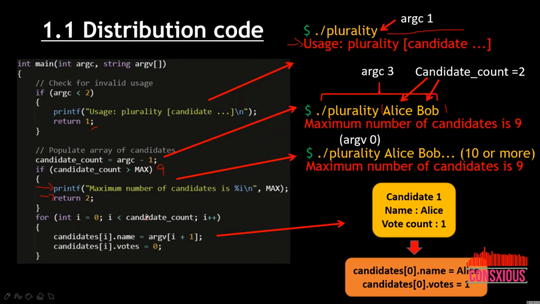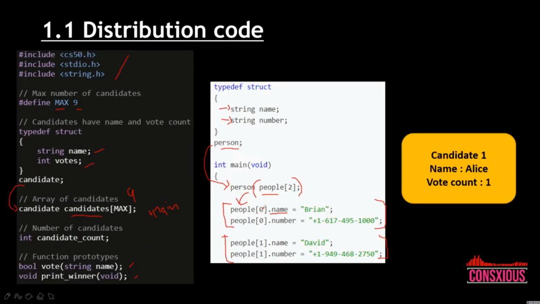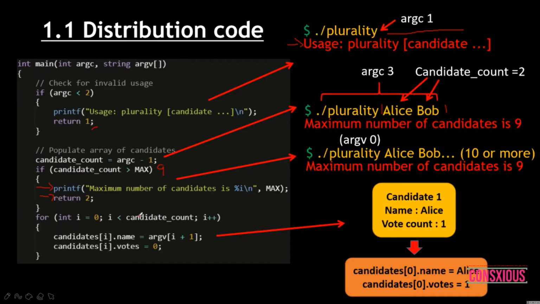Next, we're going to define our candidates with the votes. As we explained just now, we do a for loop here with the candidate count. You can see above it is 0 and 1. Just replace the 0 and 1 with i. You can see here a for loop: candidates[i].name = argv[i + 1], and votes is 0.